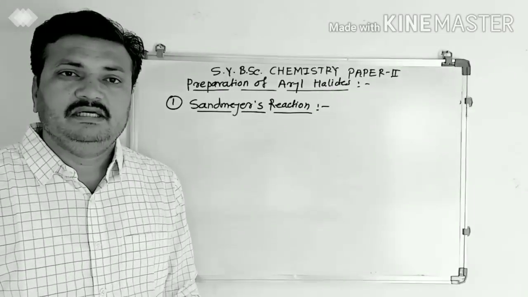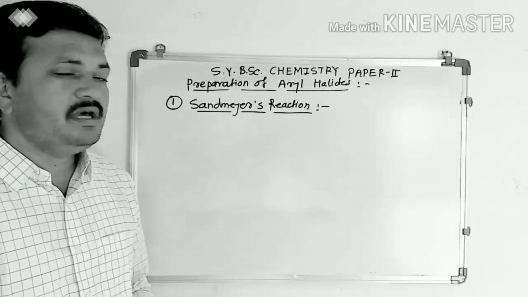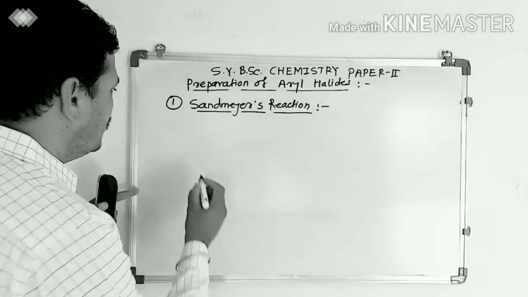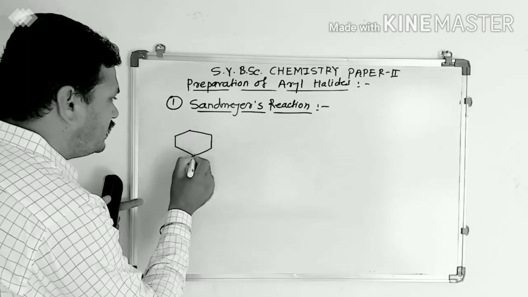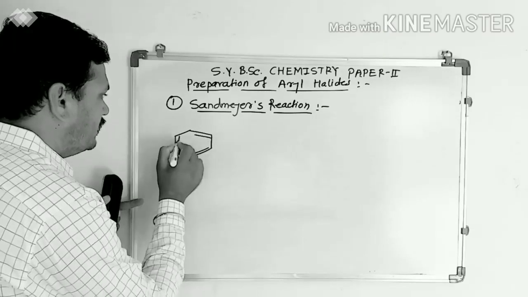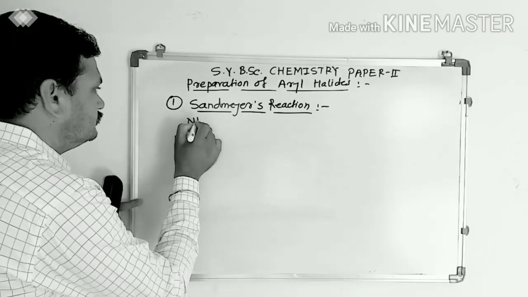We will see how this Sandmeyer reaction takes place. First, we will take the starting compound, it is aromatic amine, primary amine, it is aniline.